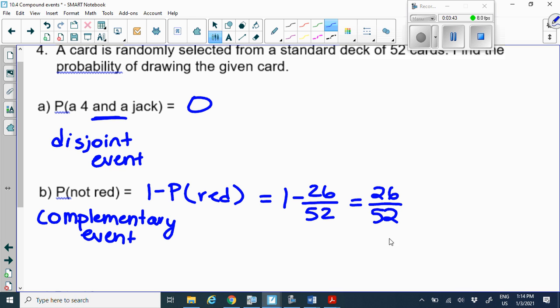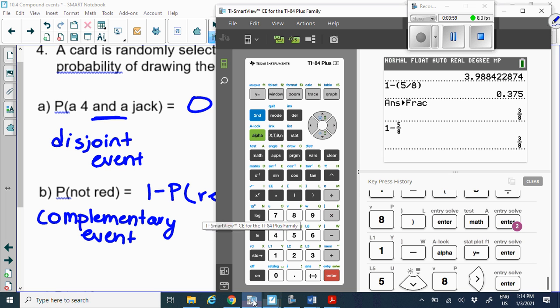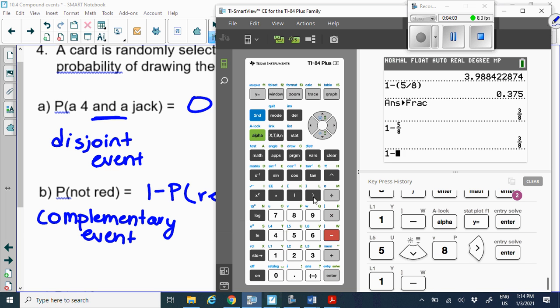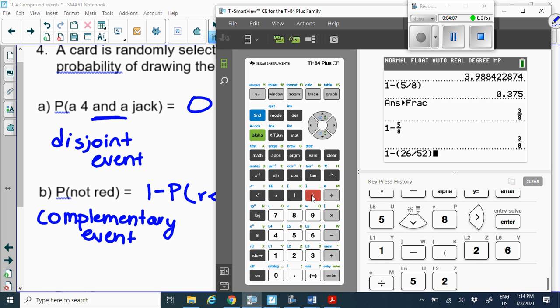Okay, so once we've gotten that, we need to make sure we simplify. Now notice it doesn't tell us if we need to write this as a fraction or decimal, so remember that means it is up to you what you would like to do. We can simplify this using our calculator if we need to. So we have 1 minus 26 divided by 52, okay?